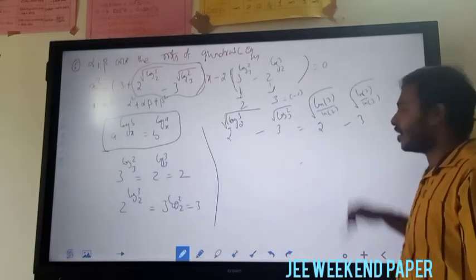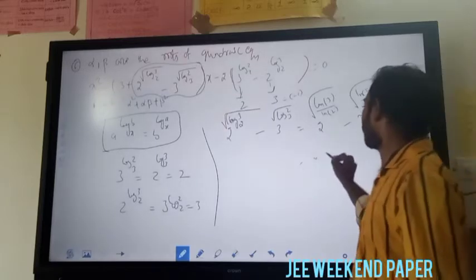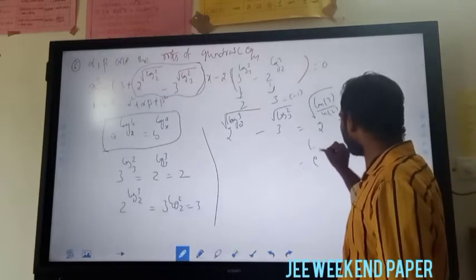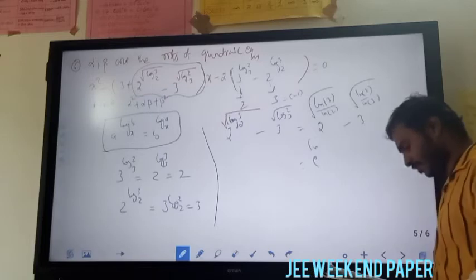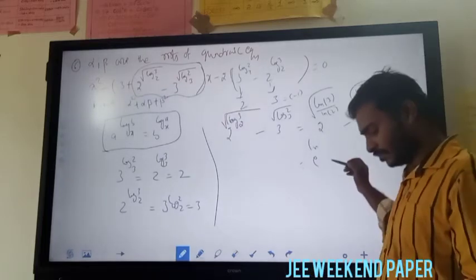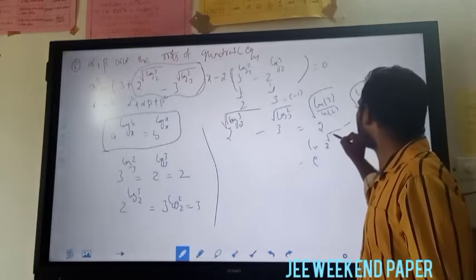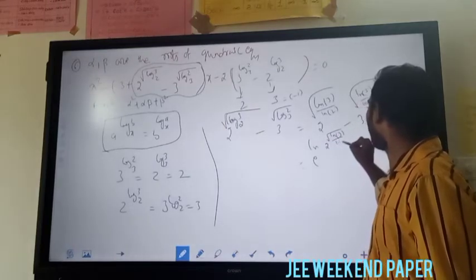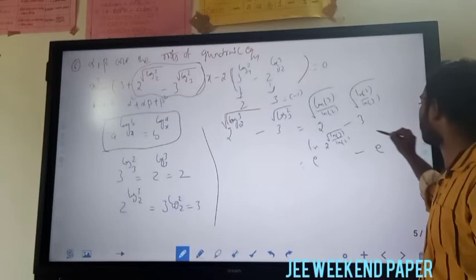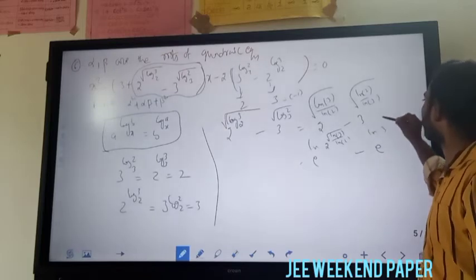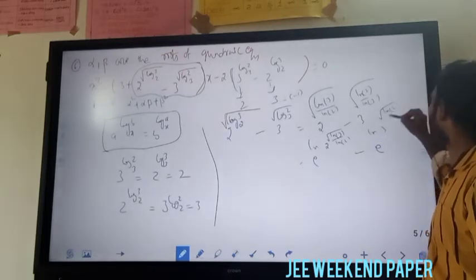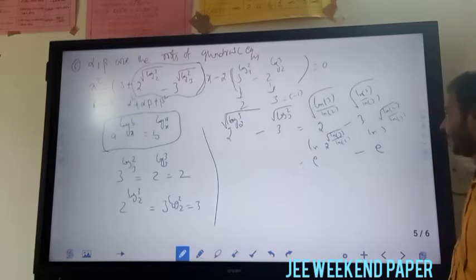Now when you apply the exponential, e power, we write ln of 2 into ln of 3 by ln of 2, and minus e power ln of 3 power ln of 2 by ln of 3.